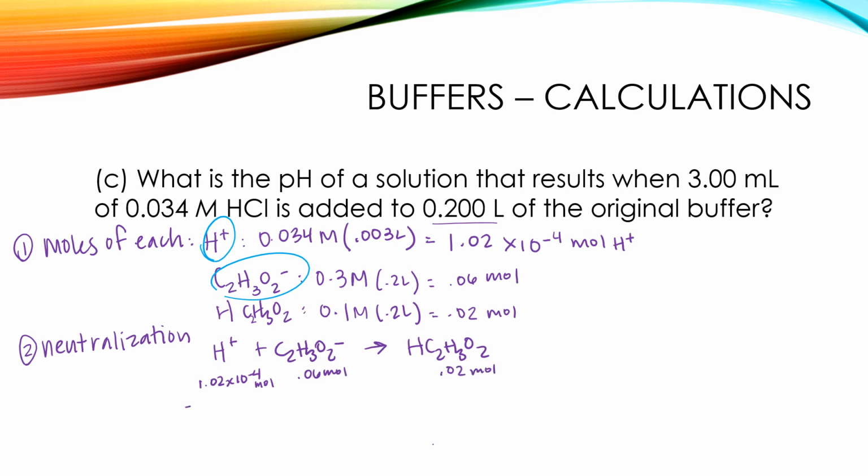So minus 1.02 times 10 to the negative 4, plus 1.02 times 10 to the negative 4 leaves me with 0.0599, 0, and 0.0201. So I got to go out to quite a few decimal places. I'm dealing with such small numbers.